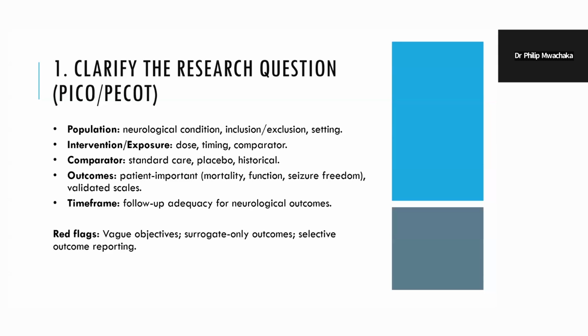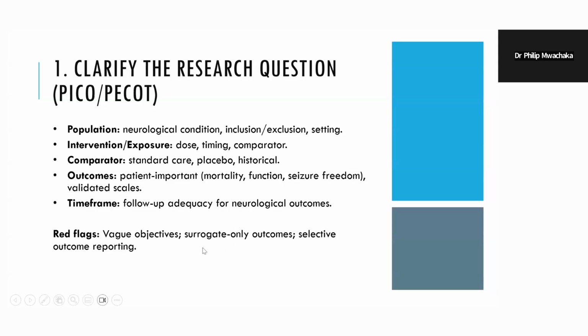So whenever you see vague objectives, that should raise red flags. Surrogate-only outcomes, so outcomes that just favor the study, okay, that we don't have the standard outcomes, mortality, function, those ones should be there. Yeah, but not maybe drug level.